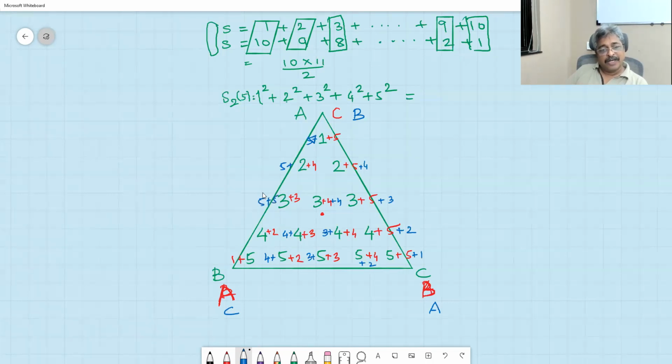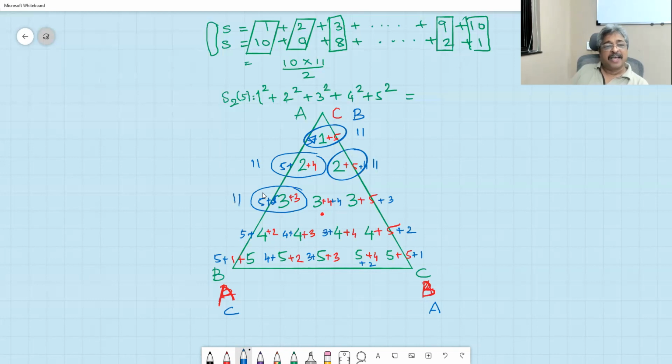Understood? Rotate it how many times? 2 times. Plus the original. And add them. Now you will realize that this is how much? 11. This is how much? 11. Everybody is adding up to 11.